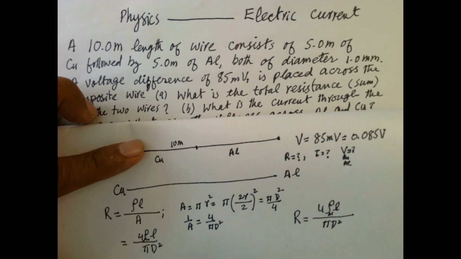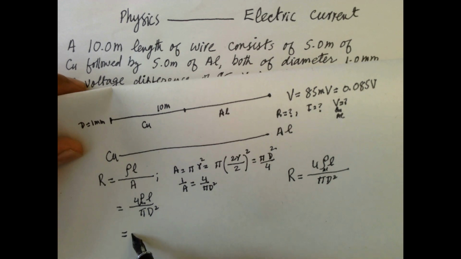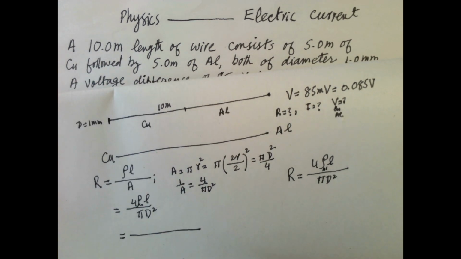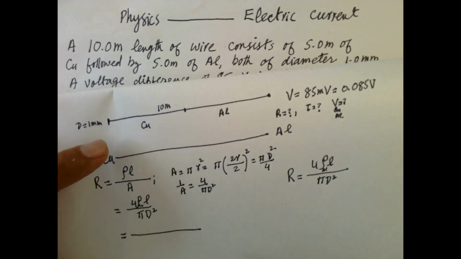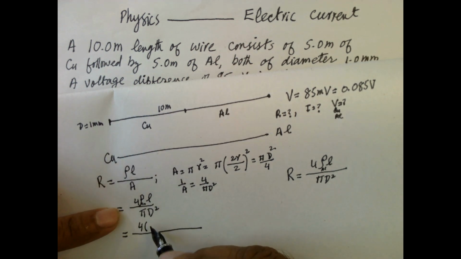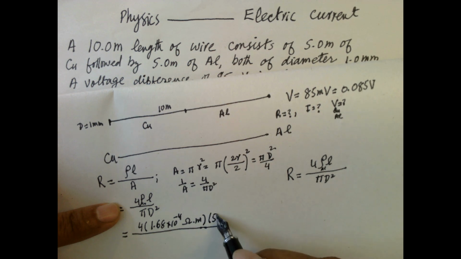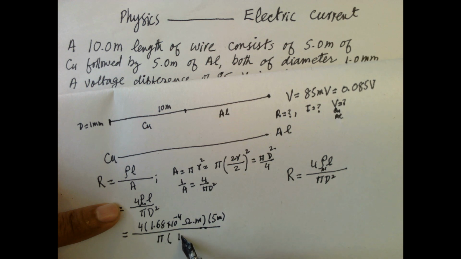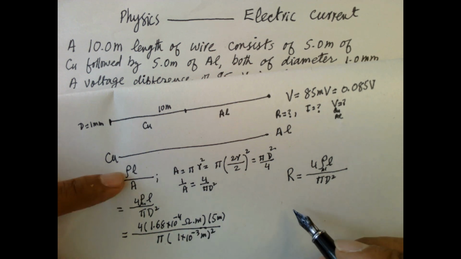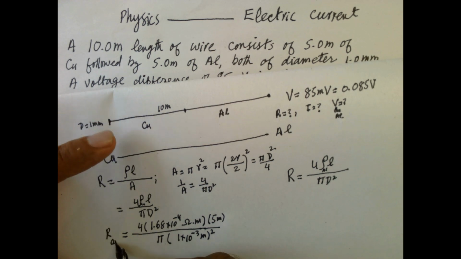If you substitute the values of the resistivity and others, copper has lower resistivity, 1.68 into 10 to the power minus 4 ohm meter, and the length is 5 meter, and pi and diameter is 1 millimeter, 1 into 10 to the power minus 3 meter, whole square. So this is our copper.